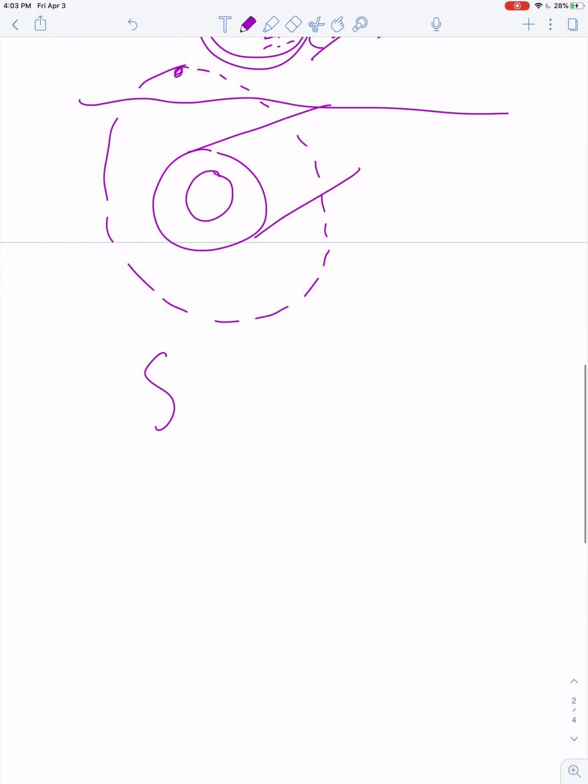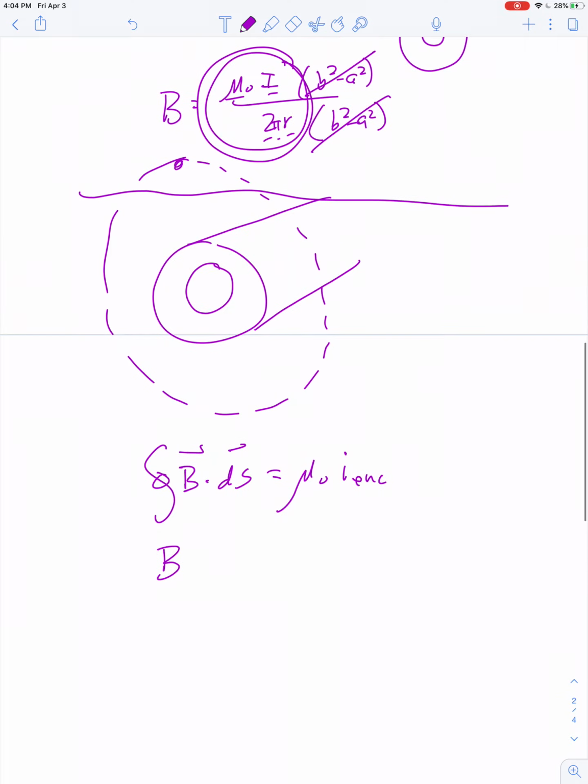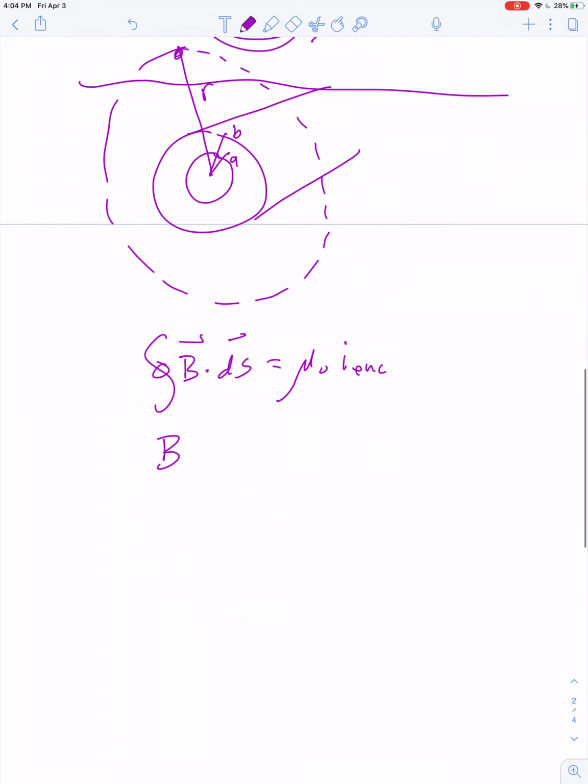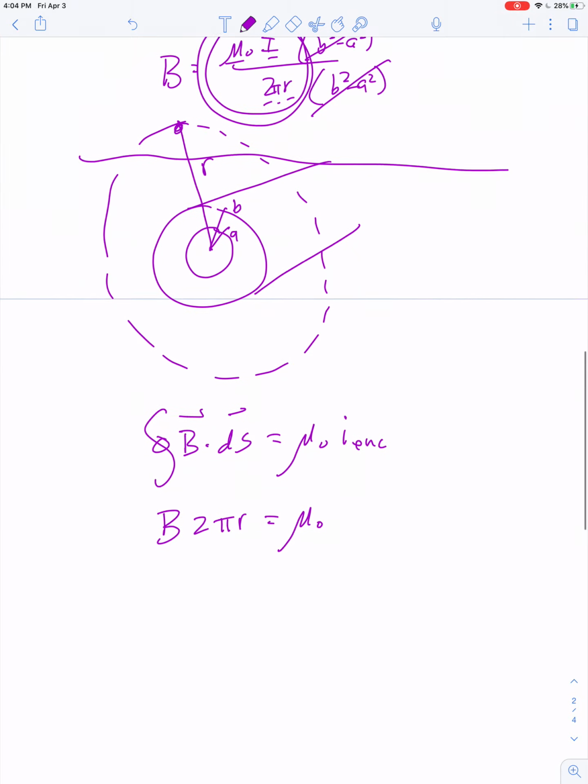And we say that the integral of B dot ds is equal to mu naught times I enclosed. We know this is going to be, but that's a, that's b, and that's lowercase r. So the whole left side of our calculation is just going to become B times 2 pi r equals mu naught. Now, what's the I enclosed?